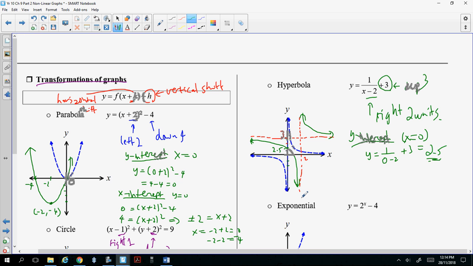That's when y equal to 0, and we'll solve for x. So -3 equal to this, and then we reciprocal the fraction.